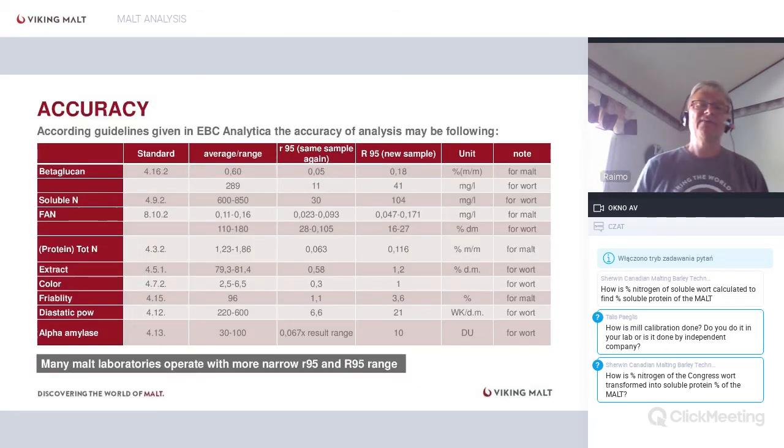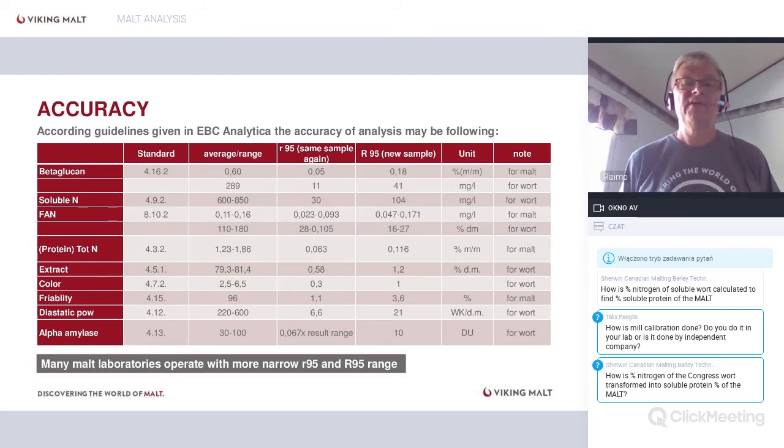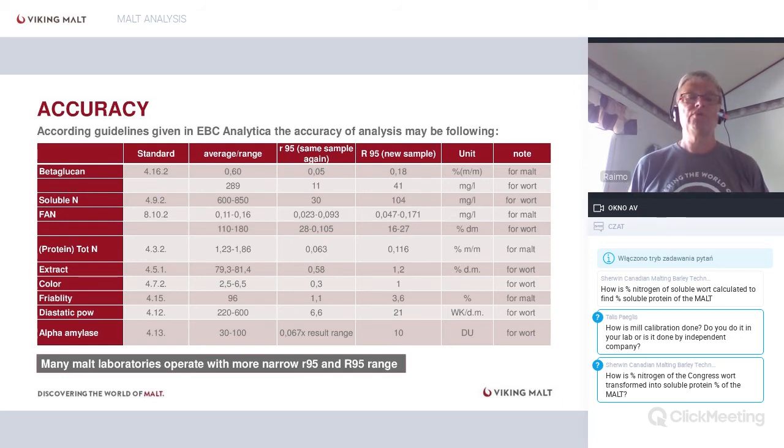Accuracy, anyway, this is a table. I checked out some numbers from EBC Analytica, and you can see here the beta glucan, for example, the second row, where it's done from wort.